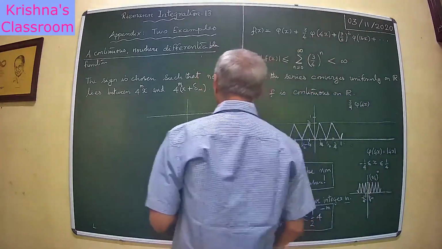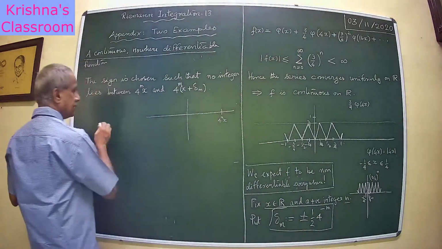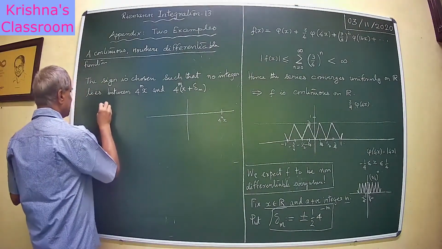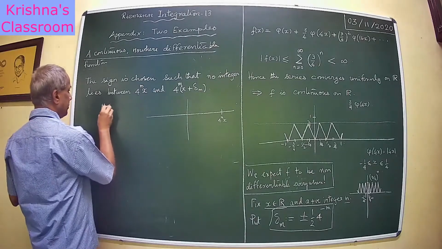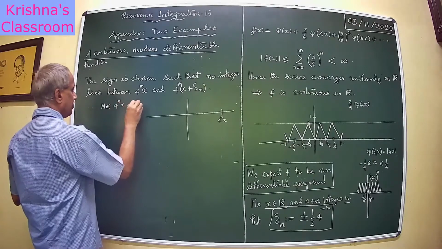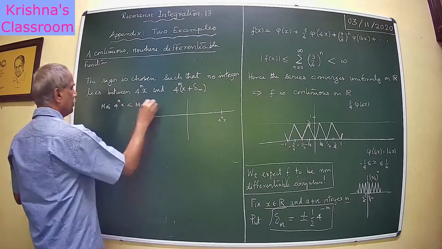Now you see that 4 to the power m x is certainly lying between some m and m plus 1. This is possible.